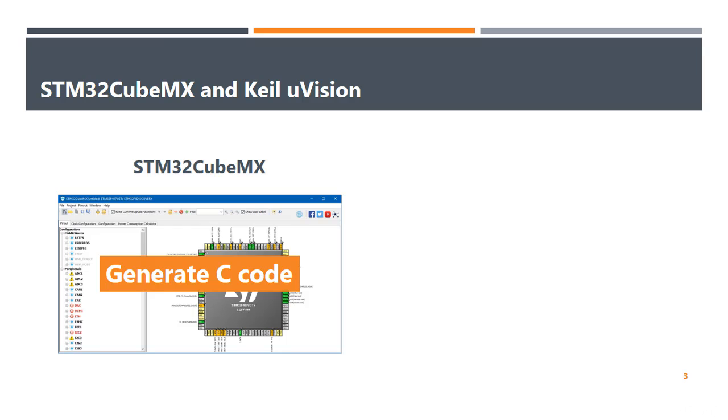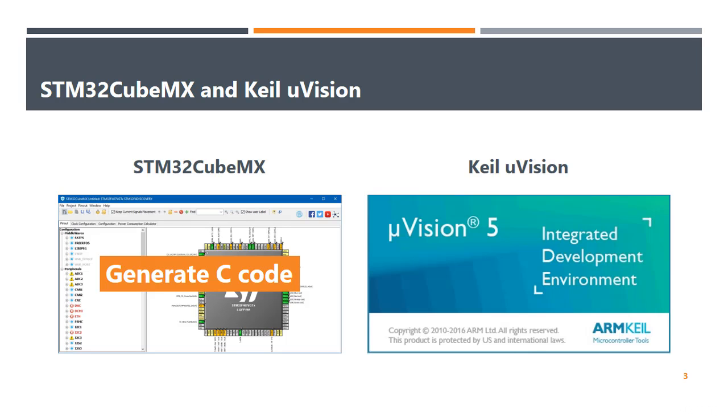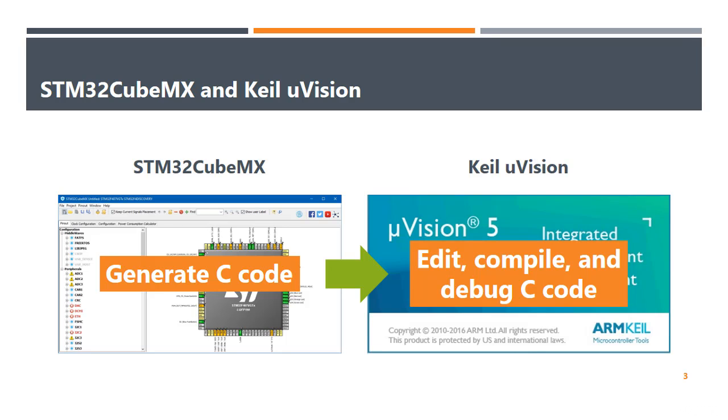CubeMX is used only for generating the C code and cannot be used for editing, compiling, and debugging the code, so you need an IDE. Keil MicroVision is one of the IDEs for ARM microcontroller programming.